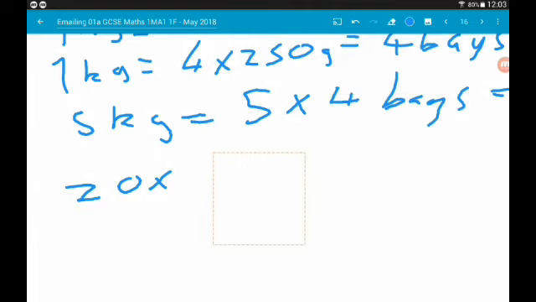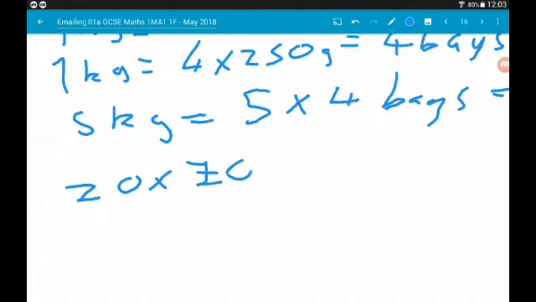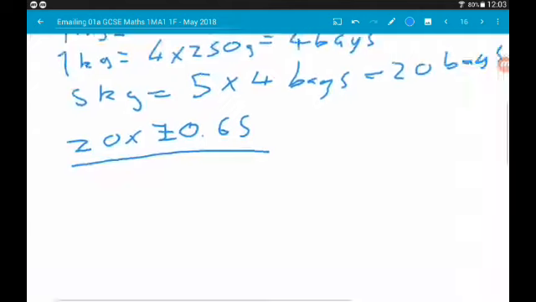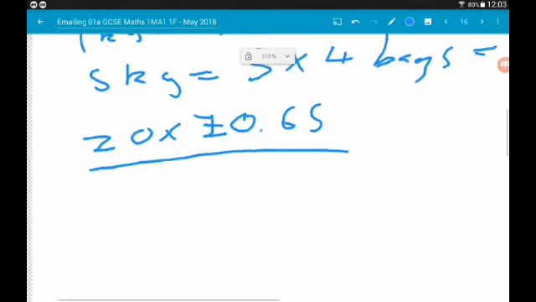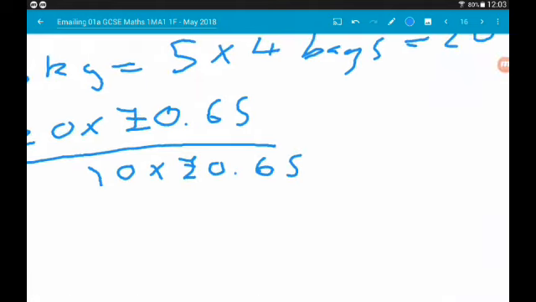So 65p in terms of pounds is 0.65. Now, to do this, that probably does something very nice. We can first of all do 10 times 0.65 pounds, which is £6.50.